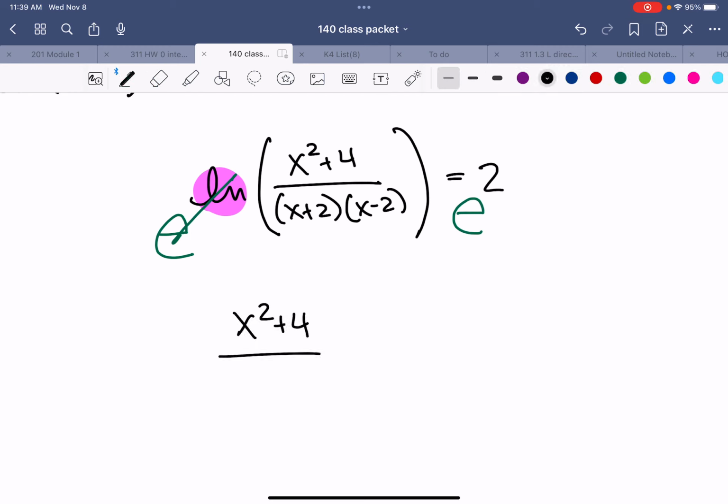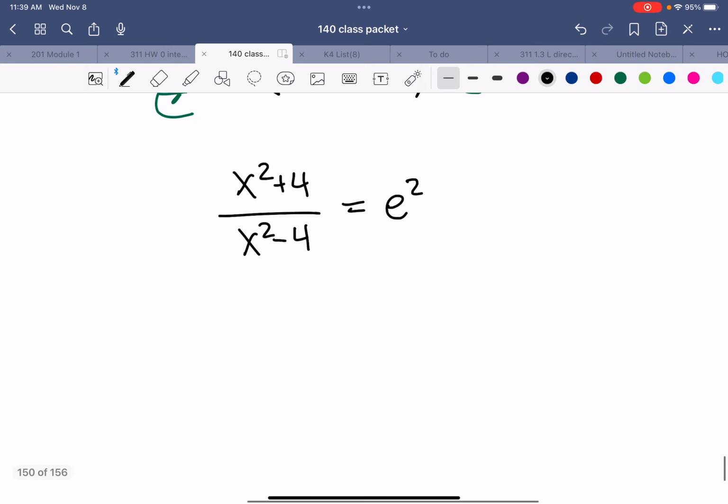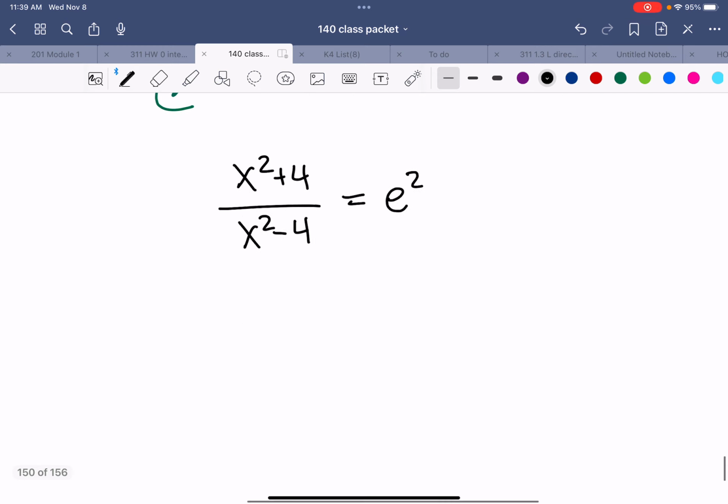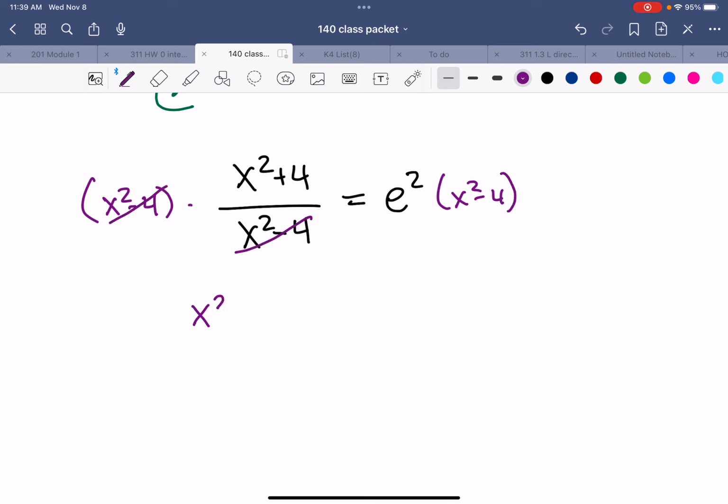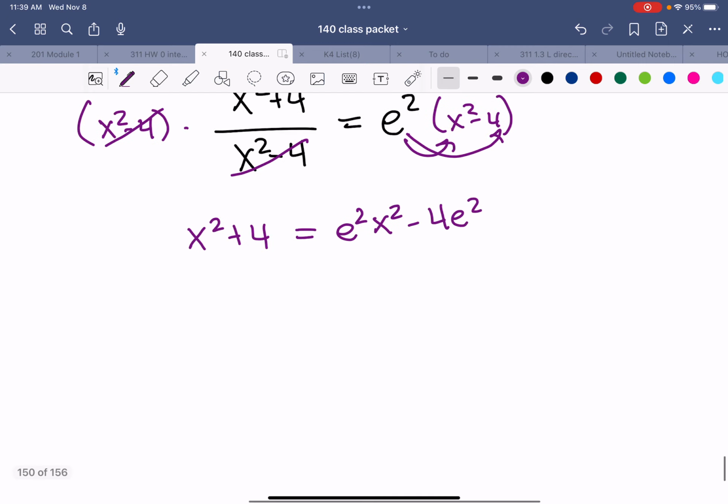And if you multiply that out on the bottom, that gives you x squared minus 4 equals e squared. And then again, we're right back where we were last time. So we're going to go ahead and multiply both sides by the denominator to clear out that denominator. That'll leave us with x squared plus 4 on the left and e squared x squared minus 4e squared if we distribute on the right.